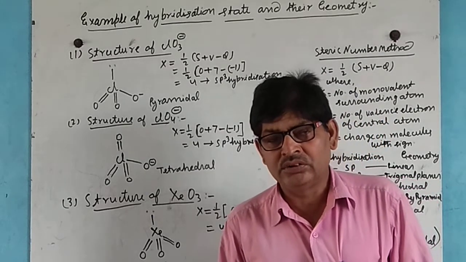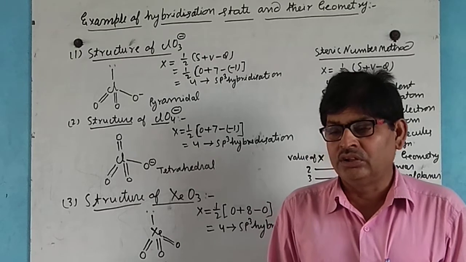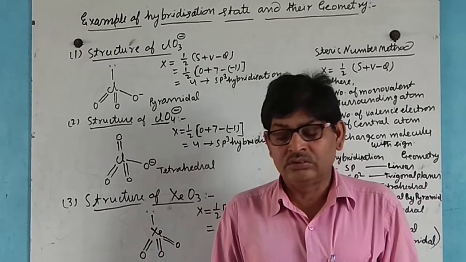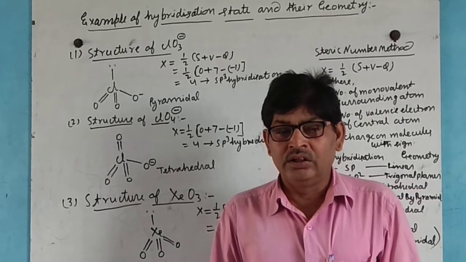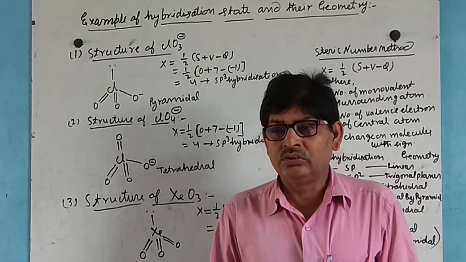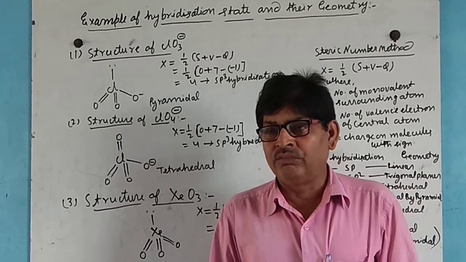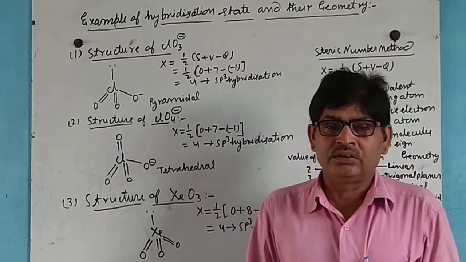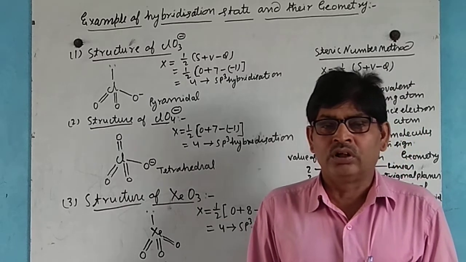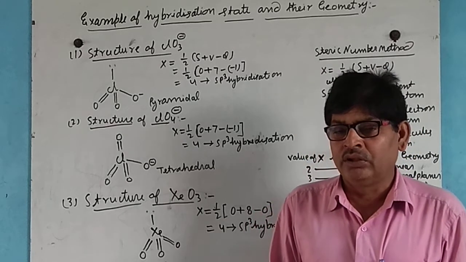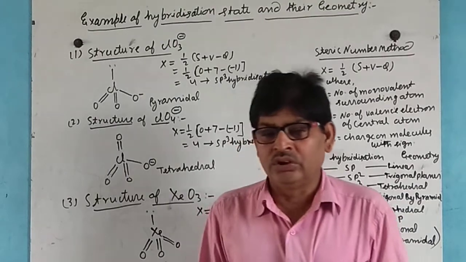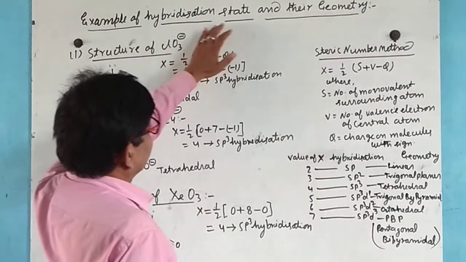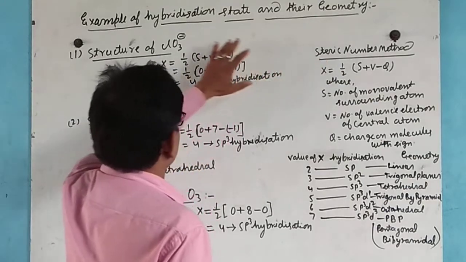After that, we will study the covalent character in ionic compounds with the help of Fajan's rule. After that, we will study the dipole moment. Now here, examples of hybridization states and their geometry.